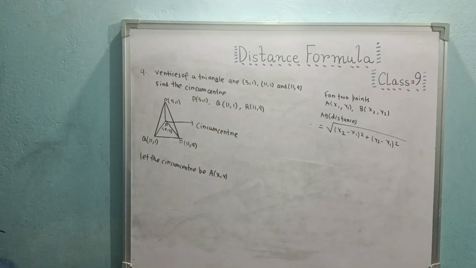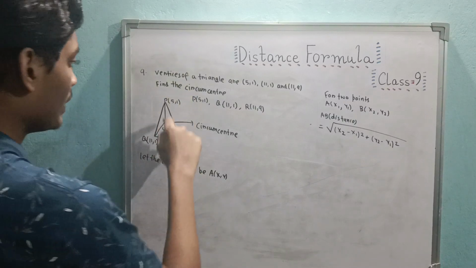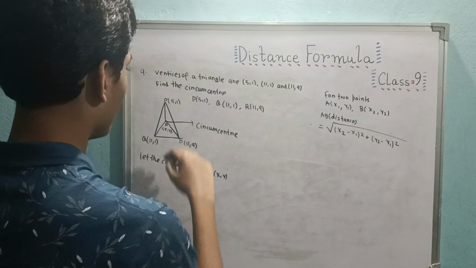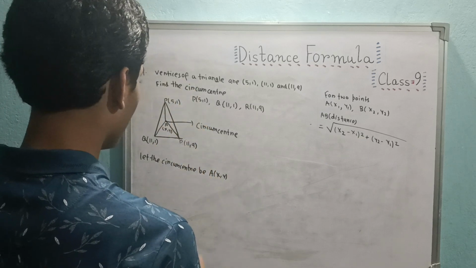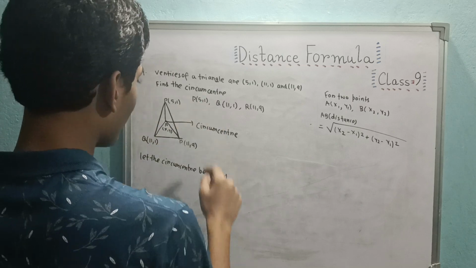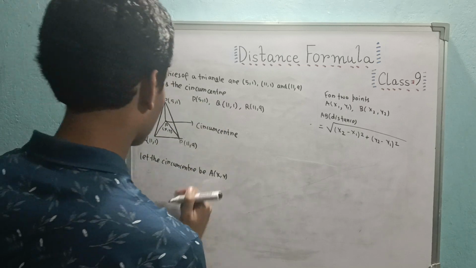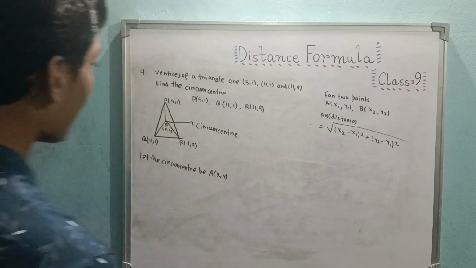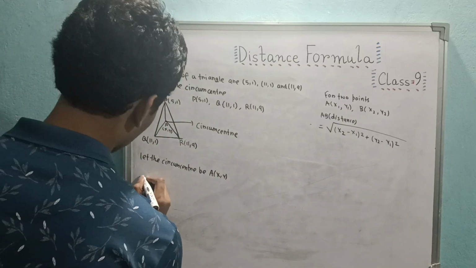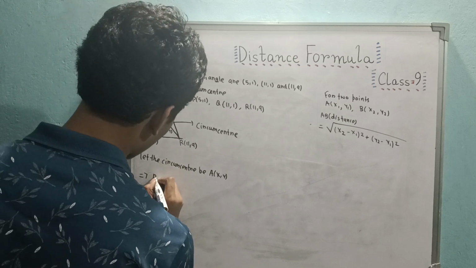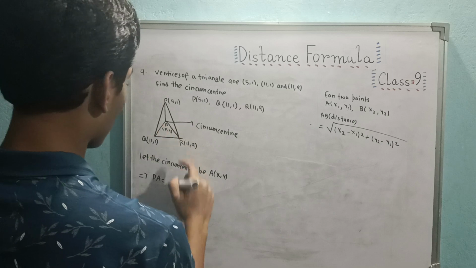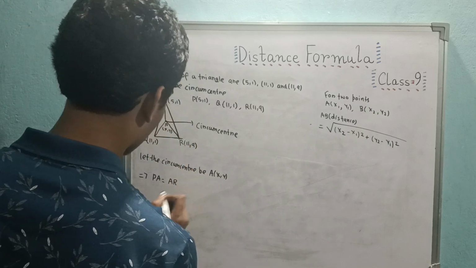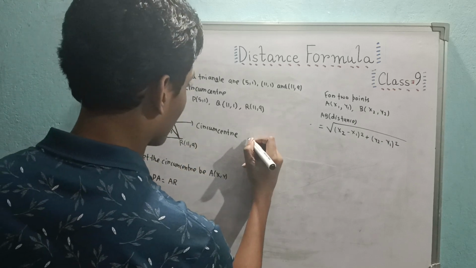So I have these equations for all the distances, meaning PA equal to QA, PA equal to RA, AQ equal to AR, like that it keeps going on. But how do I need to solve this? PA equal to AR, I can write that.